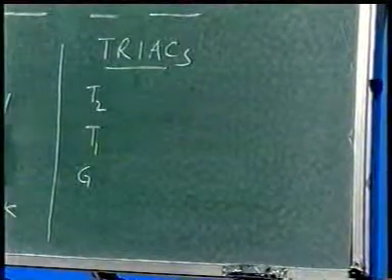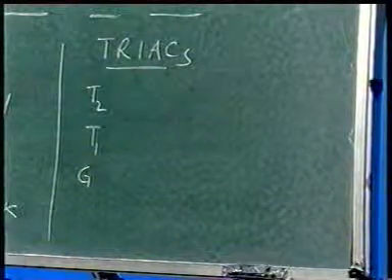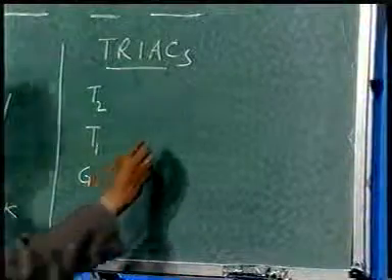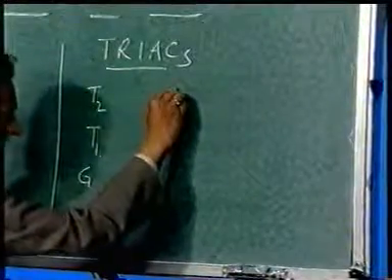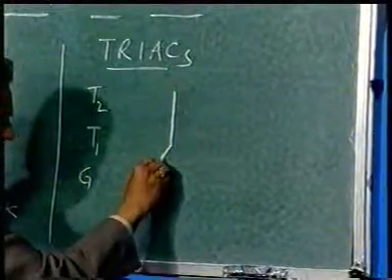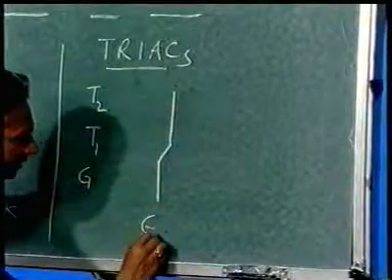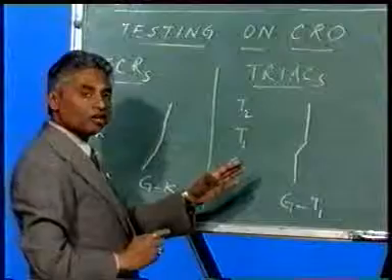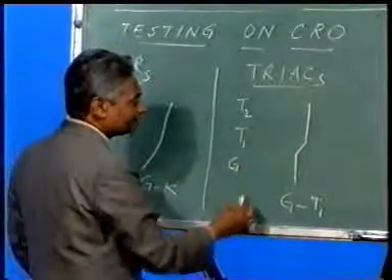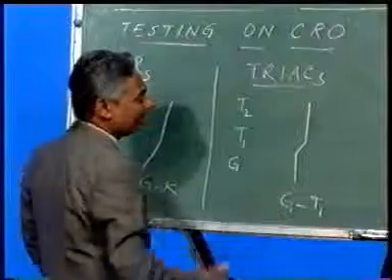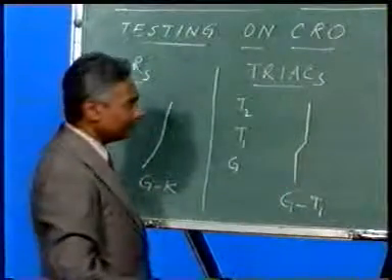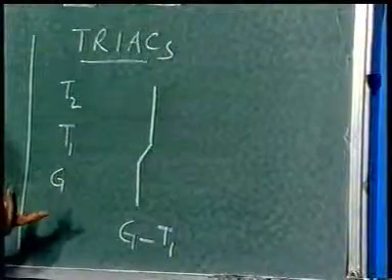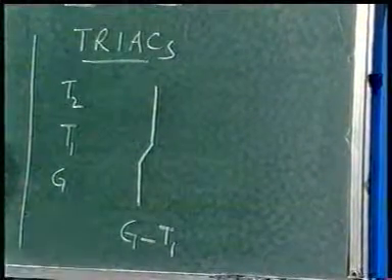If I connect the device on the CRO between gate and terminal 1, you will get a figure like this. This is between G and T1. If you obtain a figure on the CRO screen like this, when you connect it between G and T1, that is gate and main terminal 1, it is ensured that the device is healthy. If you do not get it, you may get either short or open.